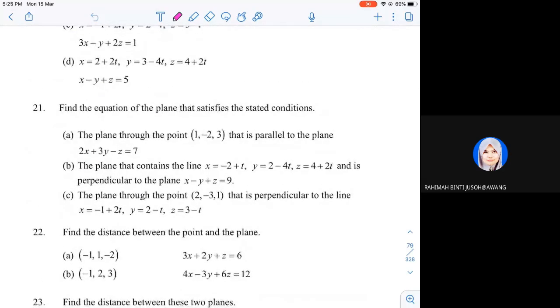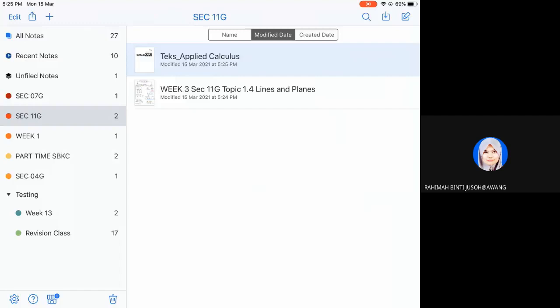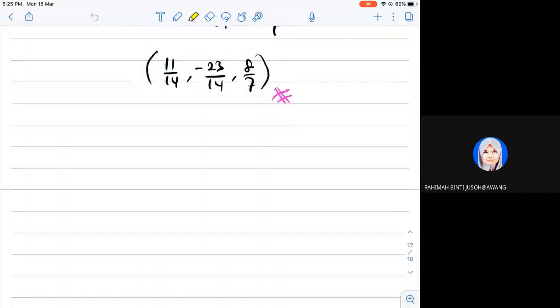Okay, jom kita buat soalan nombor 21 ni. Let's say 21A. Nanti kita buat 21B. Dia nak plane. Okay. Question 21.